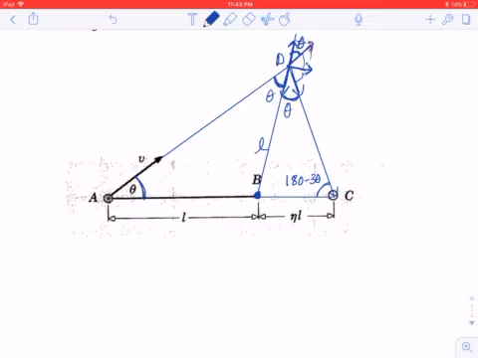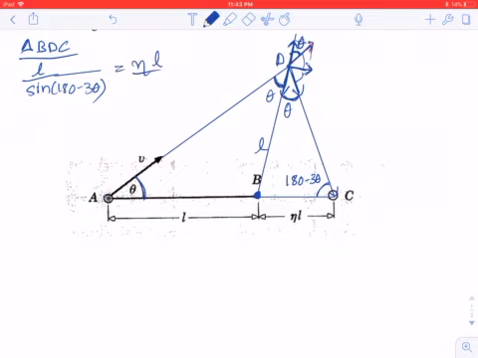Now you can use the sine rule for triangle BDC and write L upon sine of 180 minus 3 theta is equal to eta L upon sine of theta.